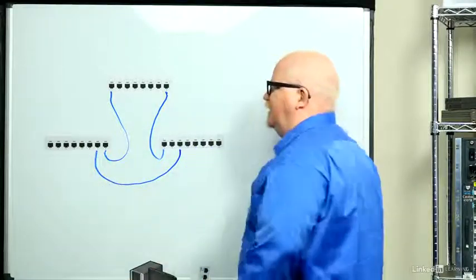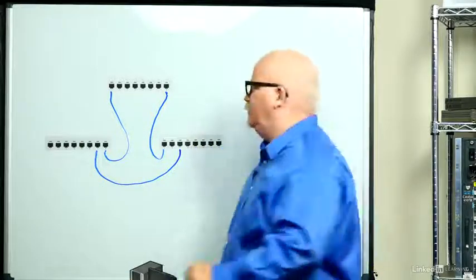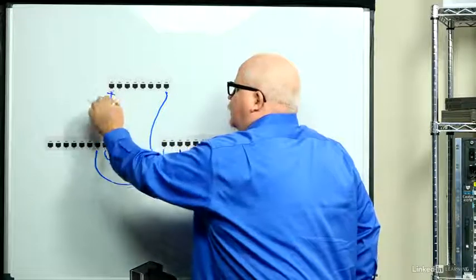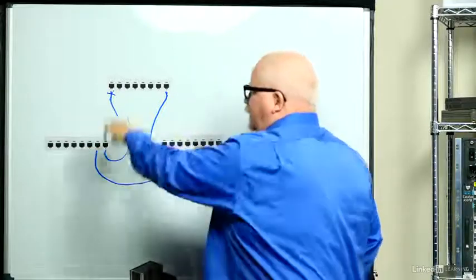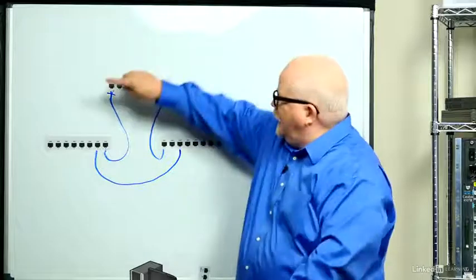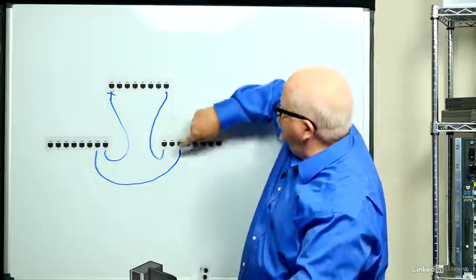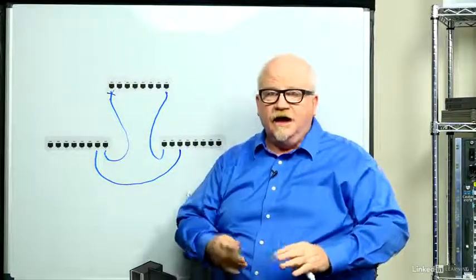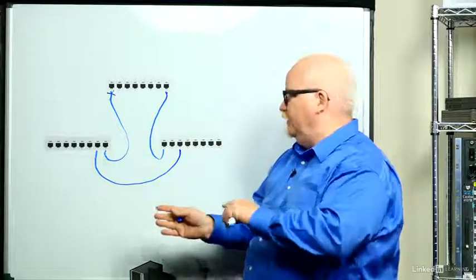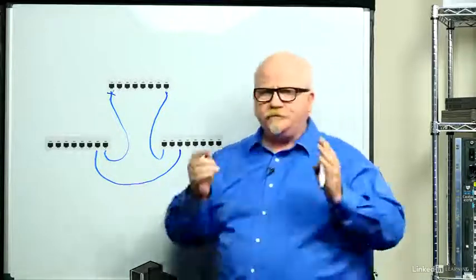And if it's detected, it will automatically turn off one of the ports somewhere to get the loop to stop. And if you look at this diagram, I could unplug any one of these ports and I would still have a good connection on all the switches. I just can't have a loop.